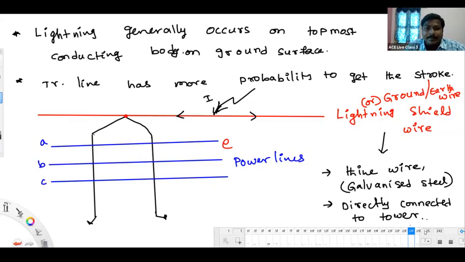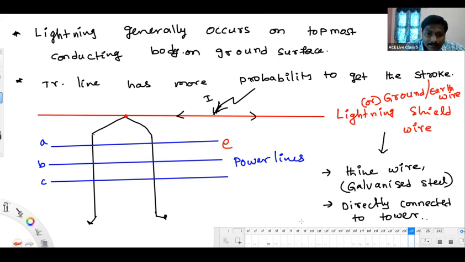Now tell me, I am asking one simple question. Direct lightning over voltage, are you capable to avoid it on the power conductor? Yes, by keeping ground wire.